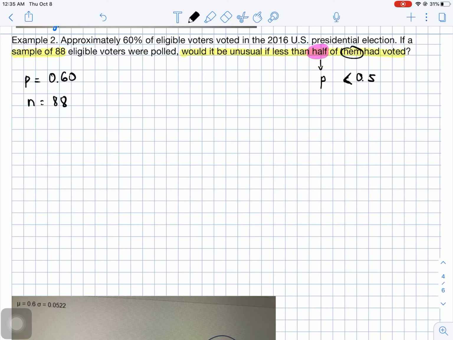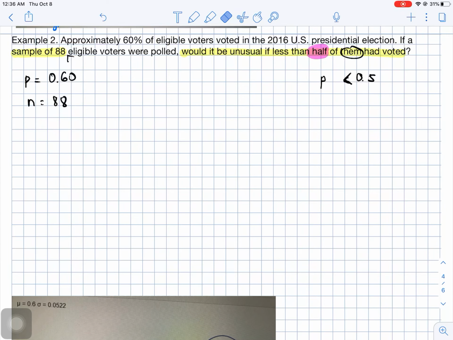The proportion of 0.5. And also they say less. So the proportion is less than 0.5. And also they say half of them. The them that they refer to is 88 voters, or 88 voters is just a sample. So this is P hat.